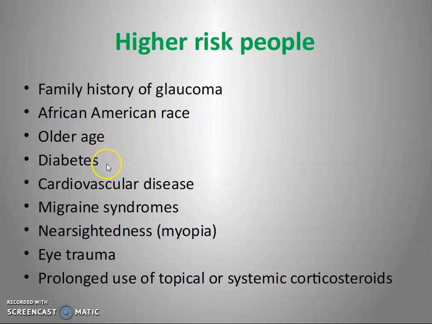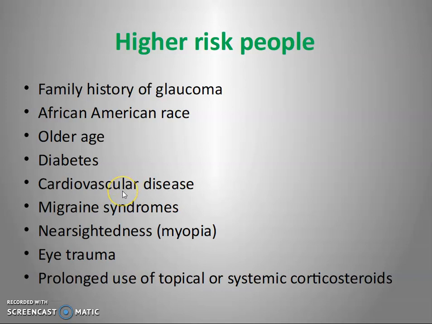In diabetes, there is microvascular complication which can cause retinopathy or optic neuropathy and lead to a glaucomatous state. In cardiovascular diseases, there is excessive vascular pressure which can damage the retina and lead to glaucoma.